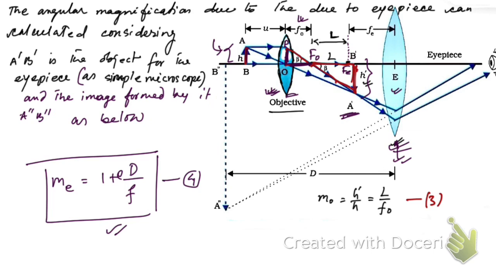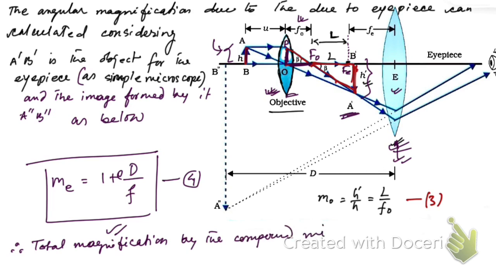Therefore the total magnification by the compound microscope is given by m, which is the product of m naught and me.